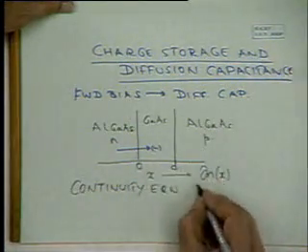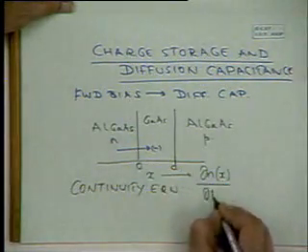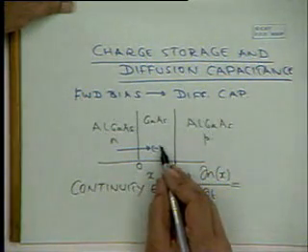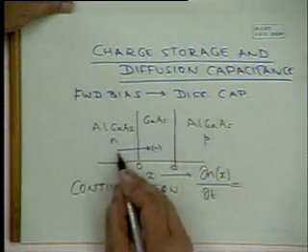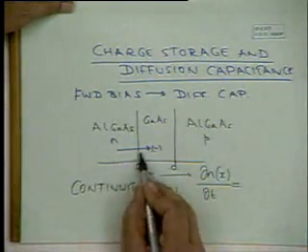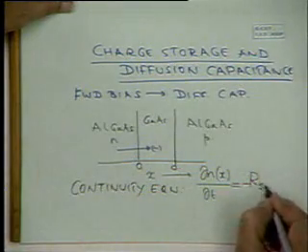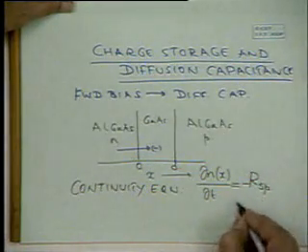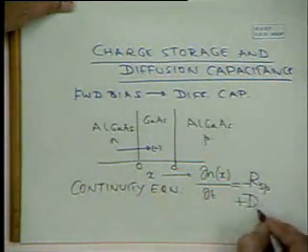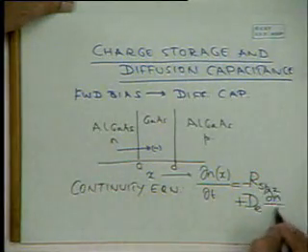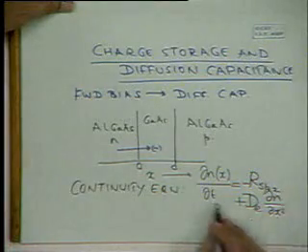The electron concentration here as a function of time changes due to two reasons. One is recombination, the spontaneous recombination rate, and the other is diffusion, D d2n dx squared. So there are two terms.